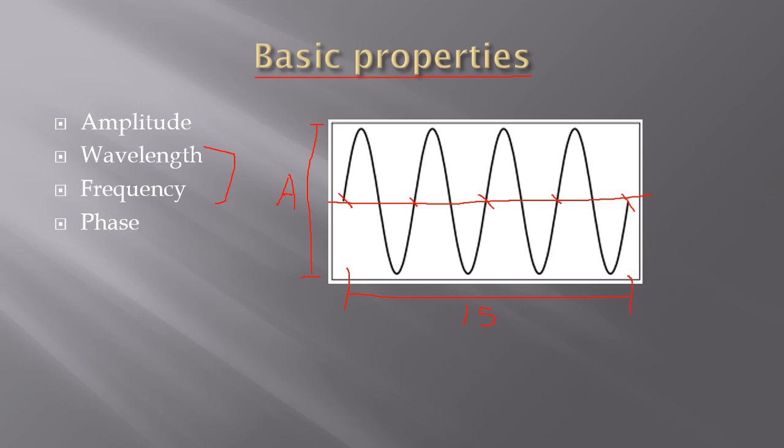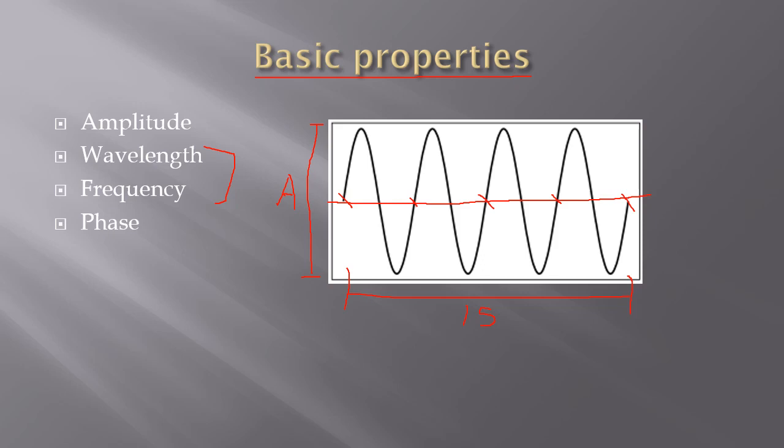Now, if the signal travels through a medium, then there is a direct relation between the wavelength and the frequency, because the speed of the signal traveling in that medium is also known.